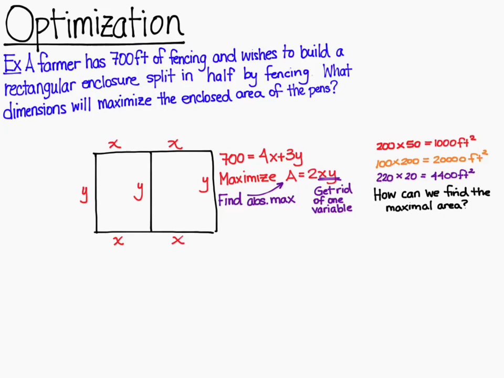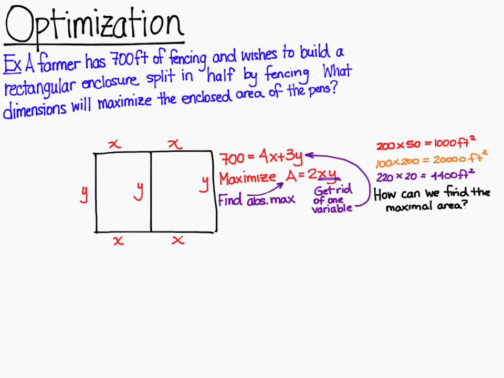In order to do this, however, we'd like to take a derivative, but we currently have too many variables floating around here. We have an A, an x, and a y. So how am I going to get rid of one of my two variables? Well, remember I have the function up above, 700 equals 4x plus 3y.